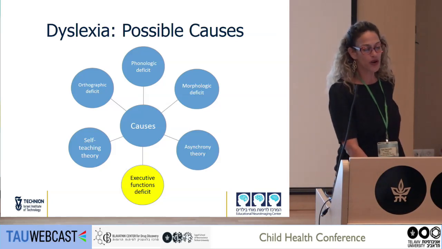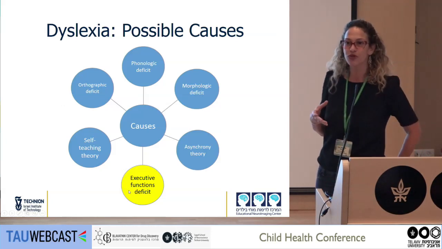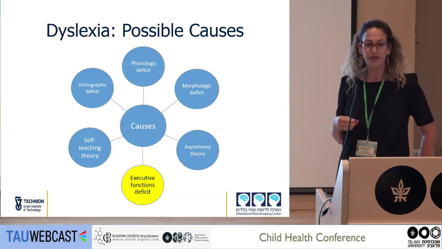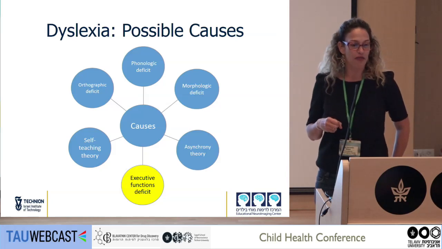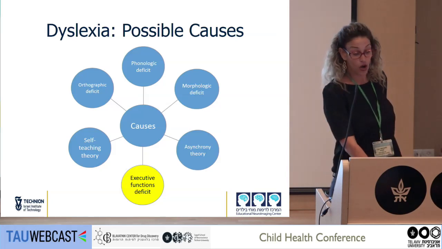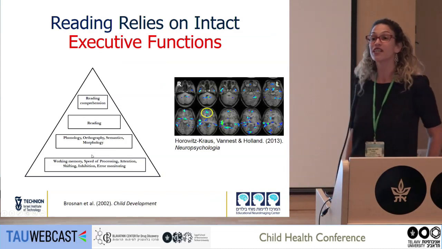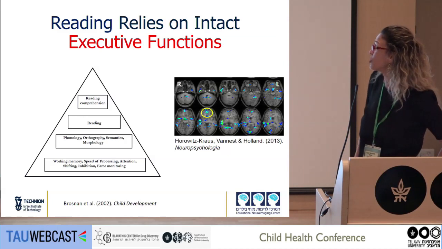There are many mechanisms proposed here, but I would like to draw your attention to the accumulated literature that points at executive functions, a problem with some basic mechanism, as one of the causes for dyslexia. What are executive functions? You can look at the pyramid here to your left.